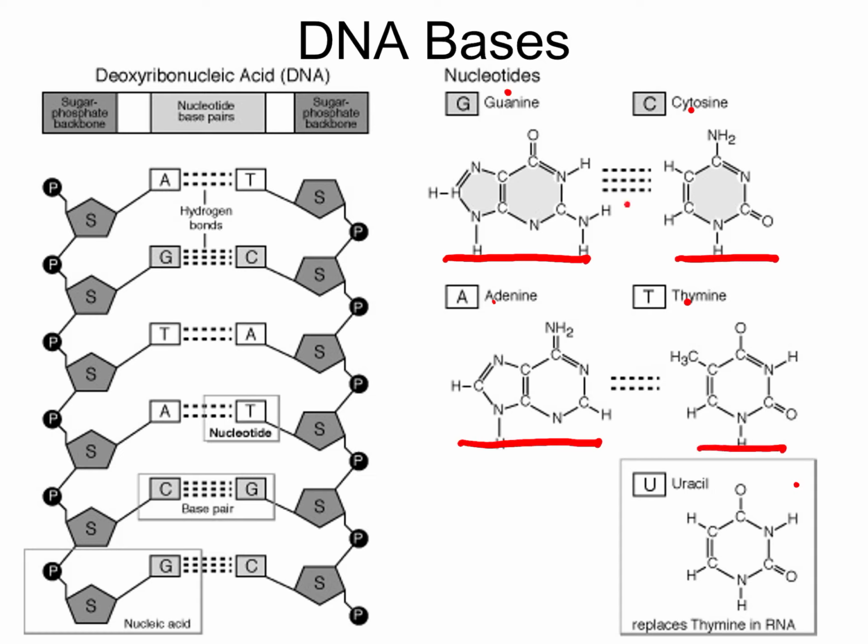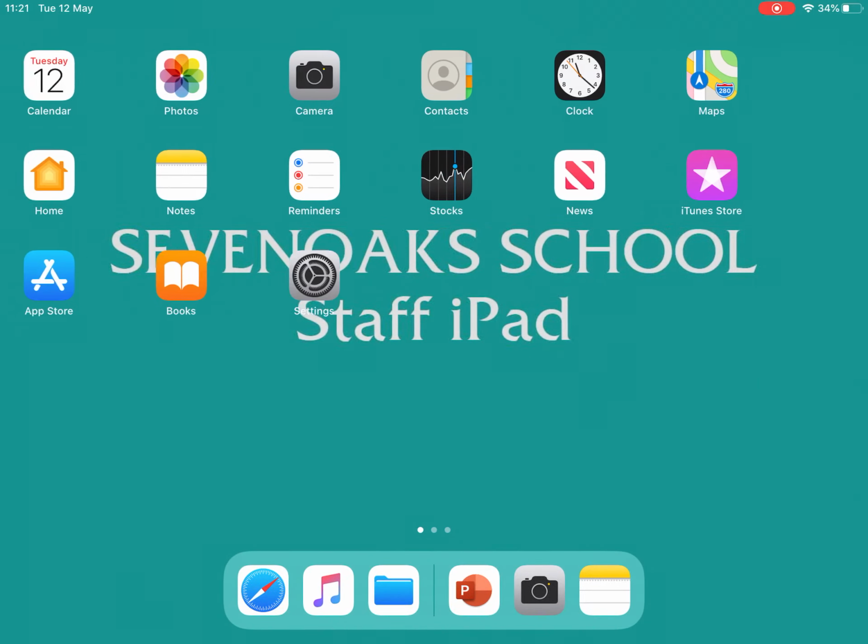And this also shows the hydrogen bonds that link these together in the DNA molecule. Okay, so what I'm going to do now is draw a molecule of DNA and show you how you can draw this nice and easily and how you can label it to show the structure of DNA.